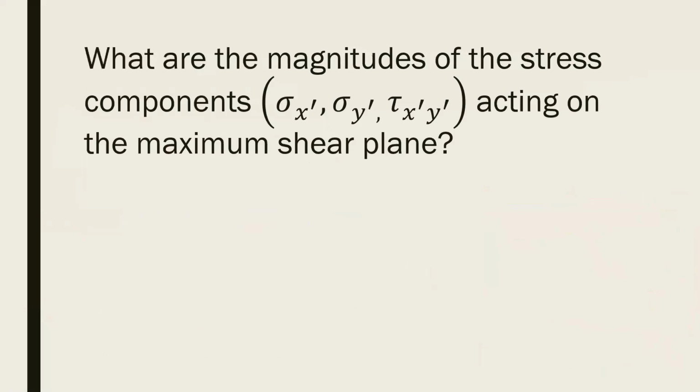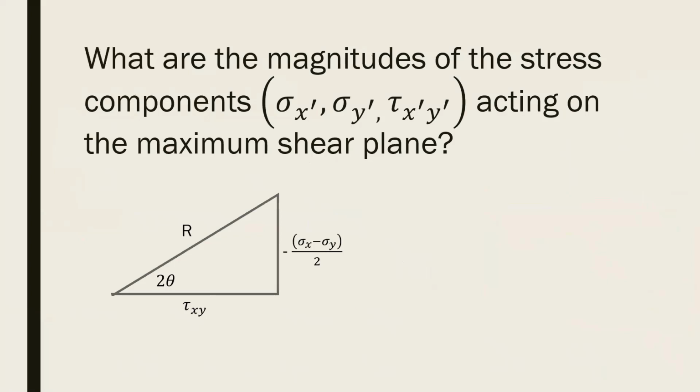So now, just like we did before, we can figure out the magnitudes of our stresses on this shear plane. And to do that, I'm going to make this triangle like I did before, except now I'm dealing with the cotangent of 2 theta being tau xy over negative sigma x minus sigma y over 2. Because it's cotangent, it's now adjacent over opposite. So I have my tau xy on the bottom instead of on the side.